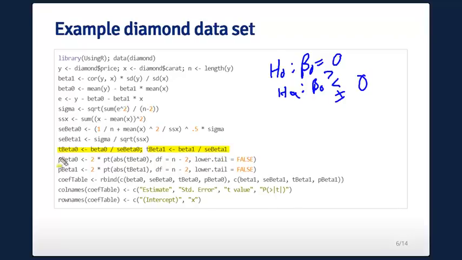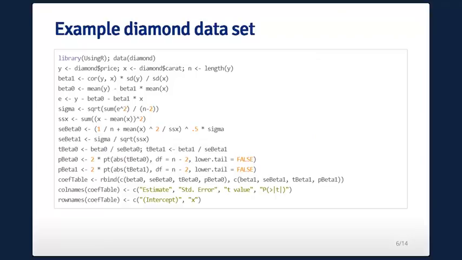And then if we wanted a p-value, we want the probability. Let me just draw it. Let's say for beta 0, if our statistic was positive, we'd want to take that area from the t distribution and then multiply it by 2. If our statistic were negative, we'd want to take that area and multiply it by 2. So the easy way to do that is to just take the absolute value of the statistic and say lower tail equals false.